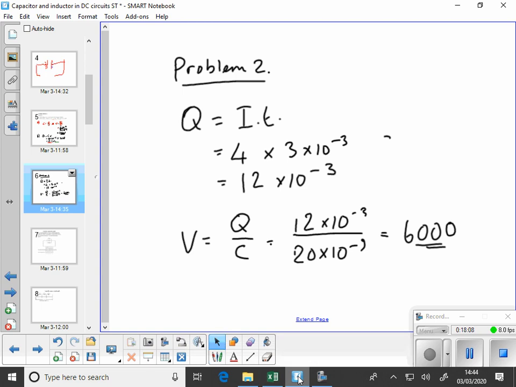Just check. Three fours are 12, so that's got to be 12 times 10 to the minus 3. If you still get 600, then that must be what I put in my calculator.